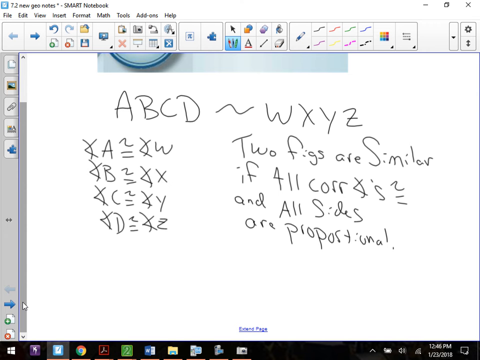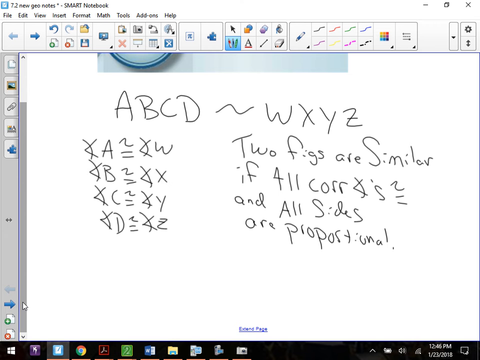The reason I put those in the numerator is because that's the one I read first. Then I put all the corresponding ones below it. And those four ratios are also equal, that's what shows that they wind up being similar.